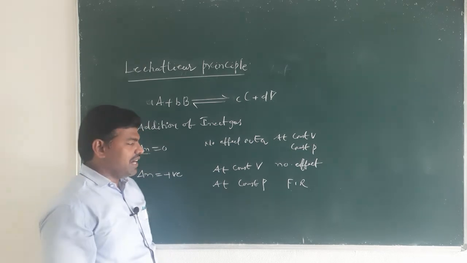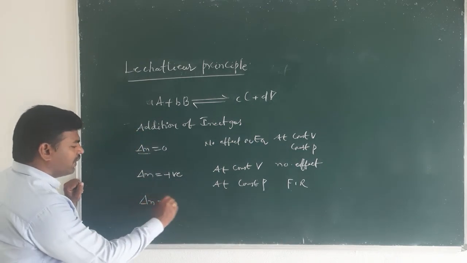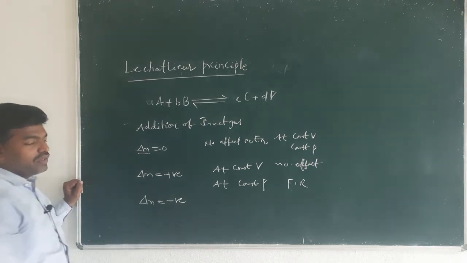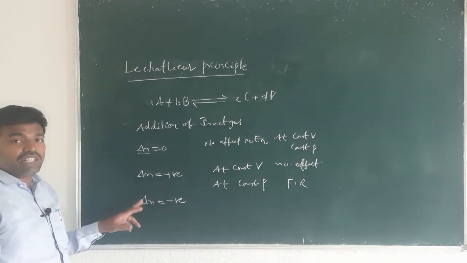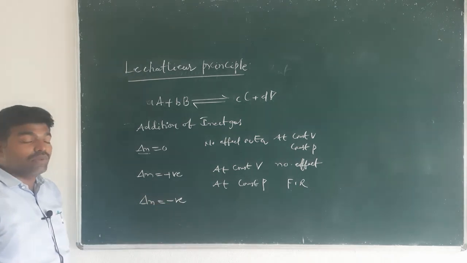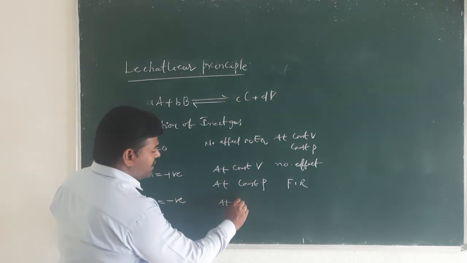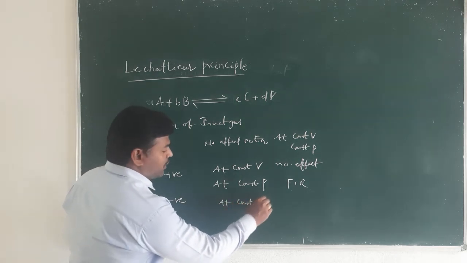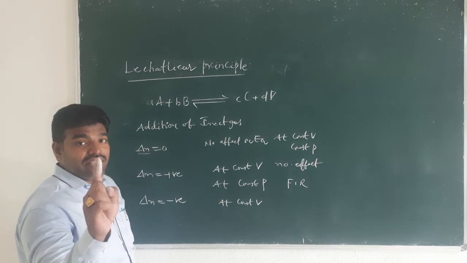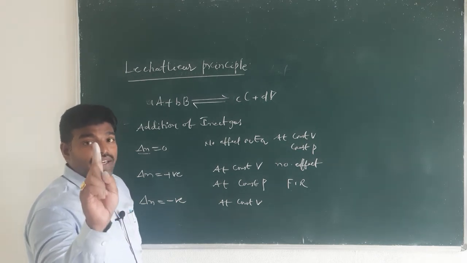And if delta n is negative, that is, the number of moles of gaseous products minus the number of moles of gaseous reactants is negative, then there is no effect at constant volume. As I told you, with gases we need to study reactions at constant volume and at constant pressure.